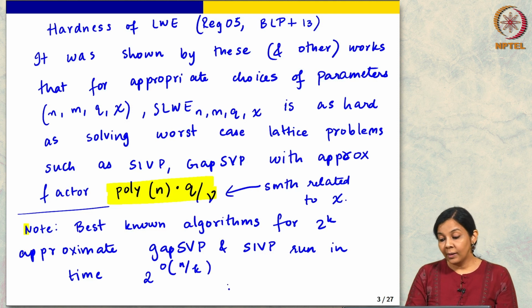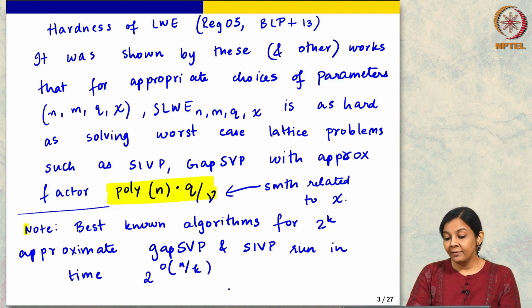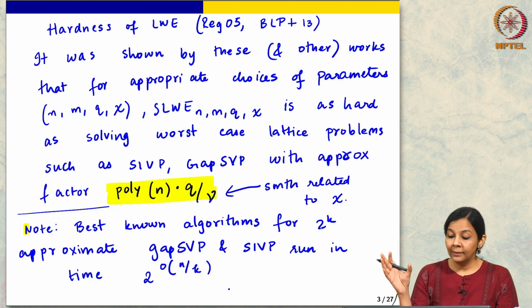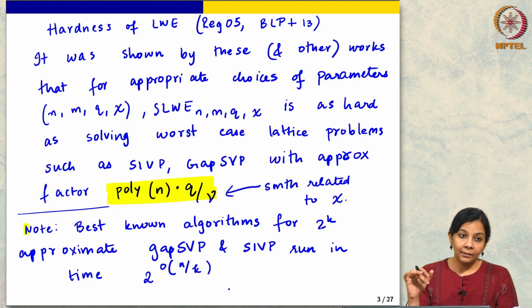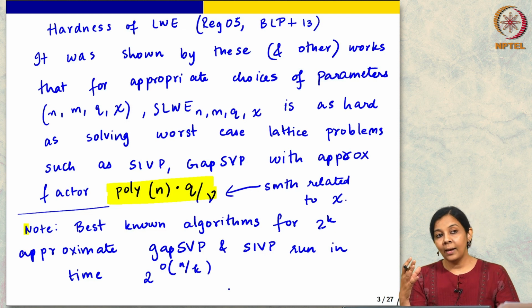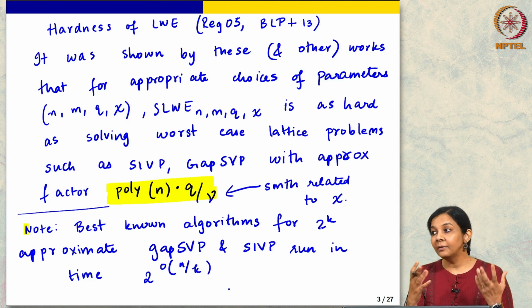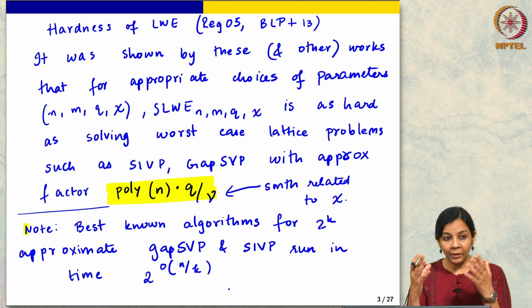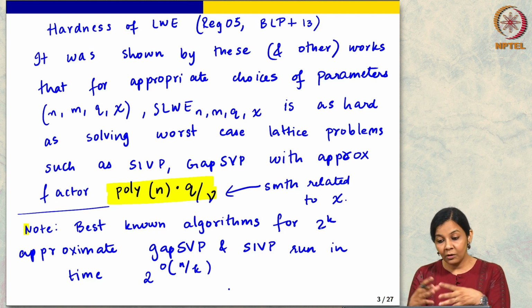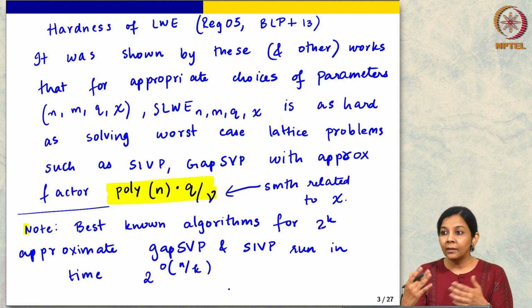So, you can see that as the approximation factor gets bigger, so as k gets bigger, the time to run these algorithms will get smaller. So, that is why when I assume the hardness of LWE with such parameters that this underlying approximation factor becomes very large, then I have to worry.